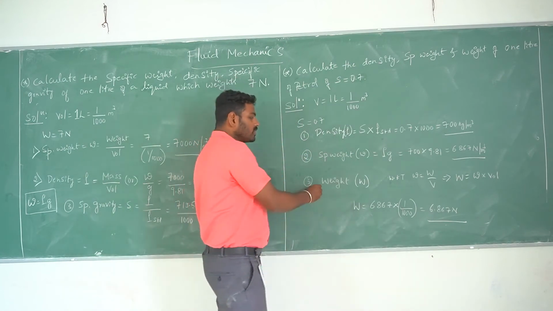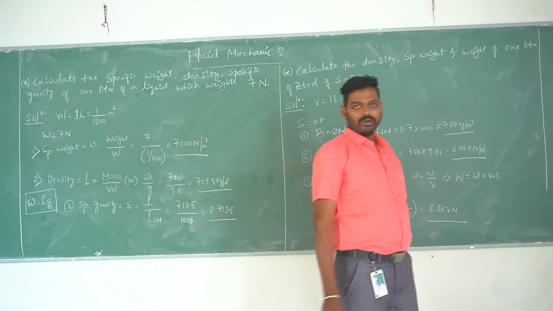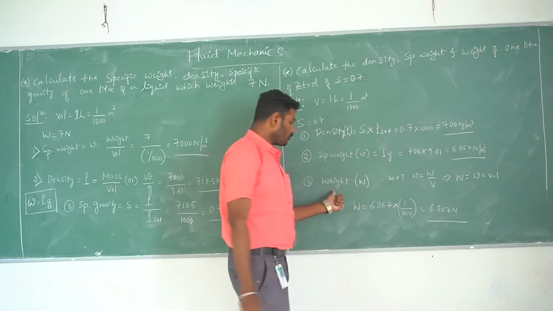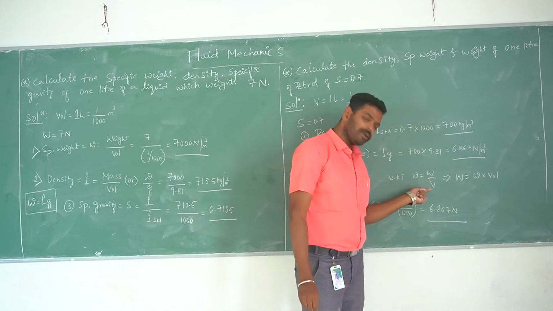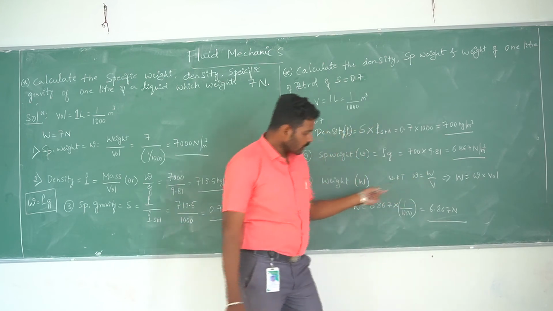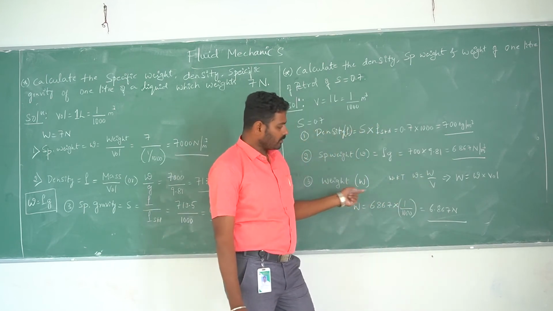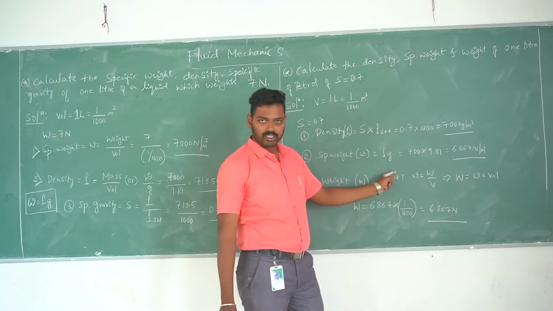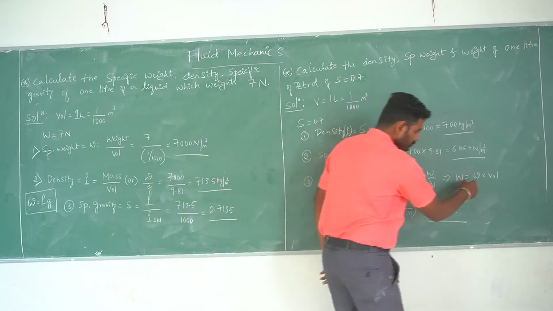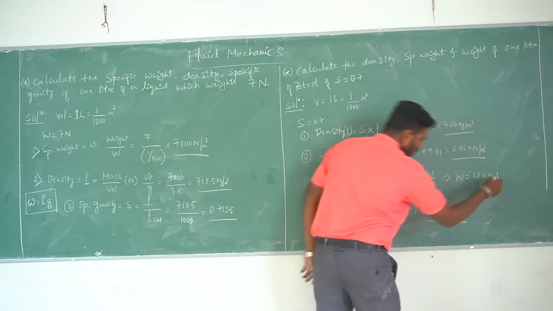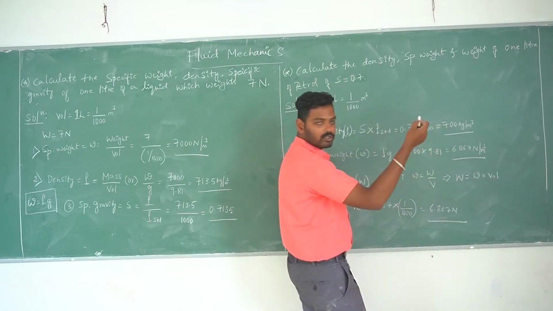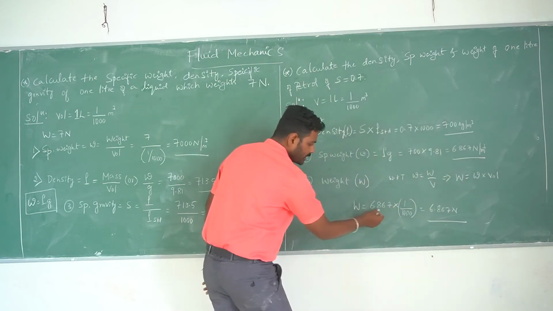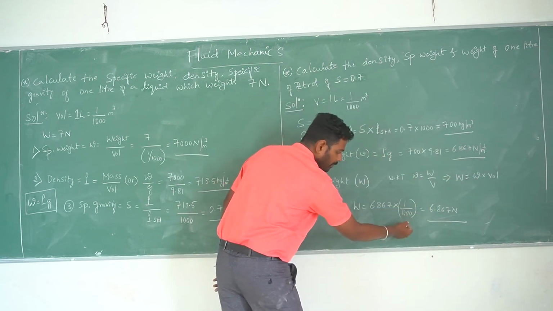And the third one is we have to find out the weight of the fluid. We know the weight density, which is weight of the fluid by volume of the fluid. If you want to find the weight, just do the cross multiplication. Then weight will be equal to weight density into volume. So weight density we have calculated, that is 6867 Newton per meter cube, into volume, which is 1 by 1000.